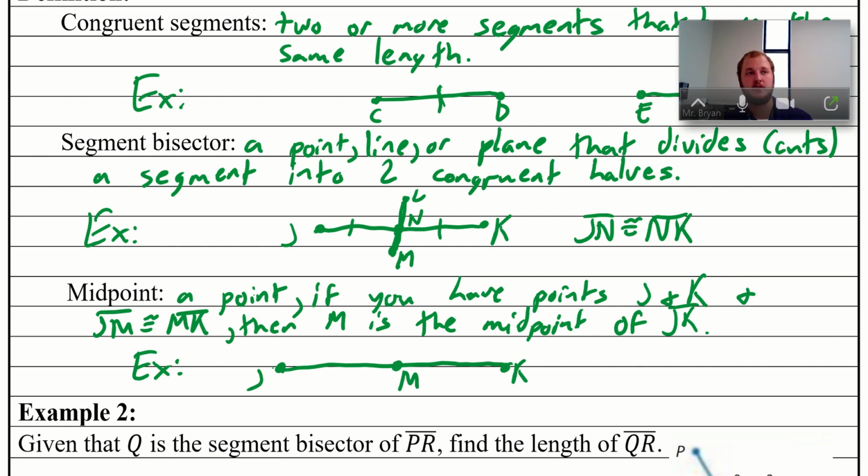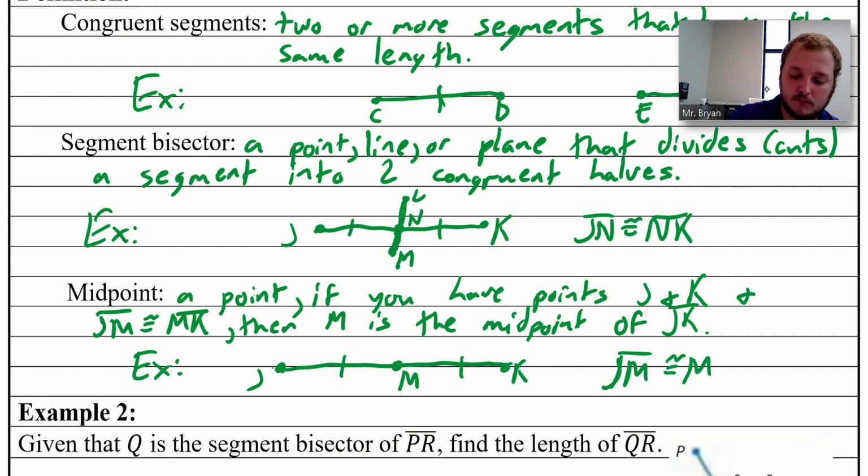And what this tells me is if I told you this was the midpoint, then I could now say that JM is congruent to MK. That's why it's important. That's why it's significant. That's why we talk about it. It's like the halfway point, right? If I was running across this line and I got exactly halfway or exactly in the middle, that would be M. And then we can use that again to say, now the segment on the left side of M, the segment on the right side of M, those are both the same.